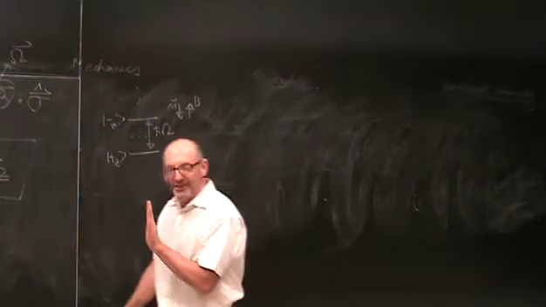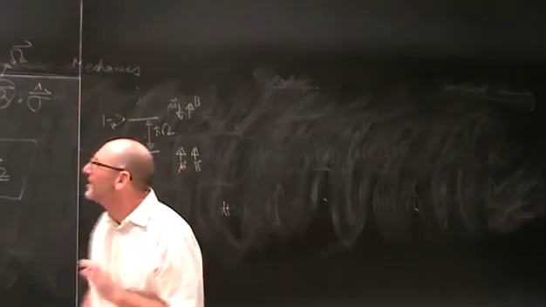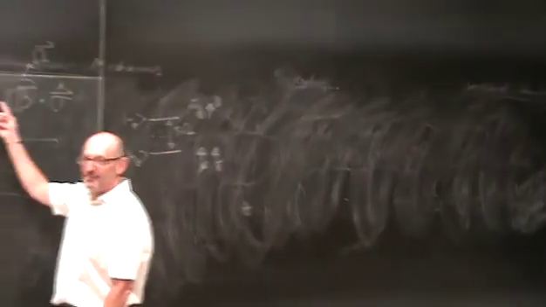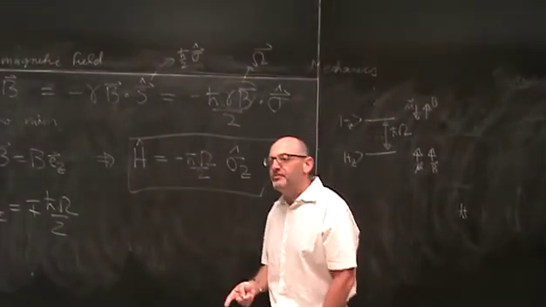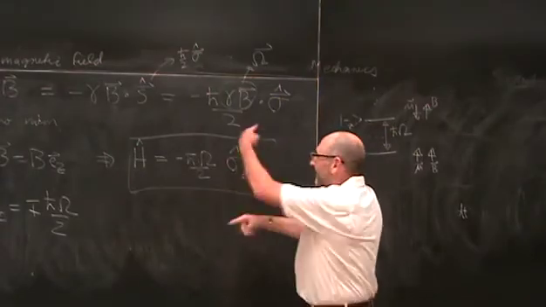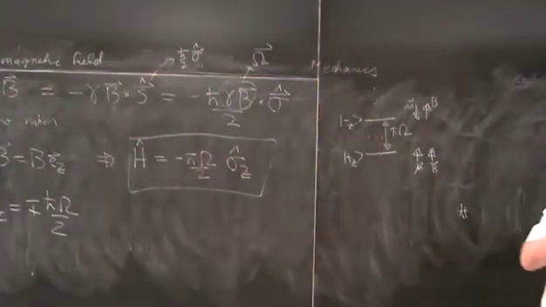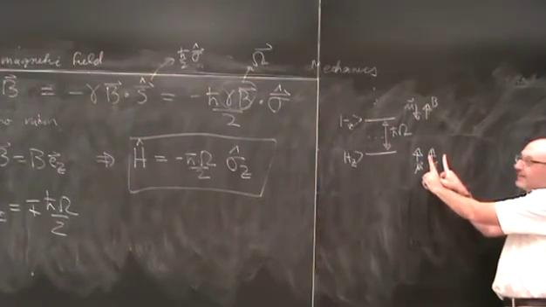Now, I made an explicit assumption, just a little aside. This will at some point become confusing. That gamma was positive, a positive number, right? If gamma is a negative number, then this flips, right? It's always the case that the magnetic moment, when it's aligned with the magnetic field, is the lower energy.